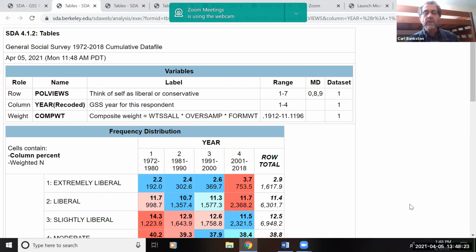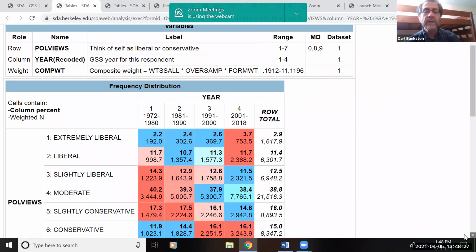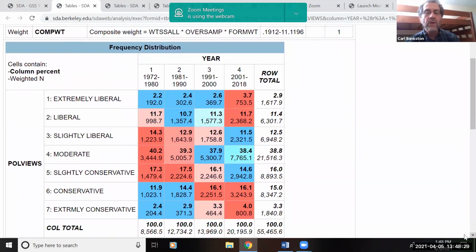And this is actually kind of interesting because if you look across the years, during the 70s, if you look at these extremes, about 2% of Americans said they were extremely liberal. By the 2000s, it was up to 4%.